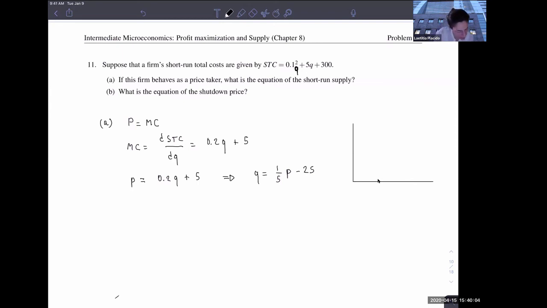You can use either this equation or that one. That one gives you how the firm optimally varies quantities as the price changes, which makes more sense. But if you want to represent it as a graph, you're going to use this one. Here the supply curve is something like this, the short-run supply.